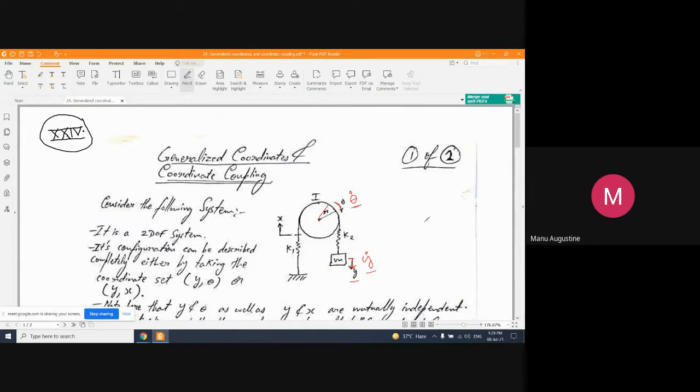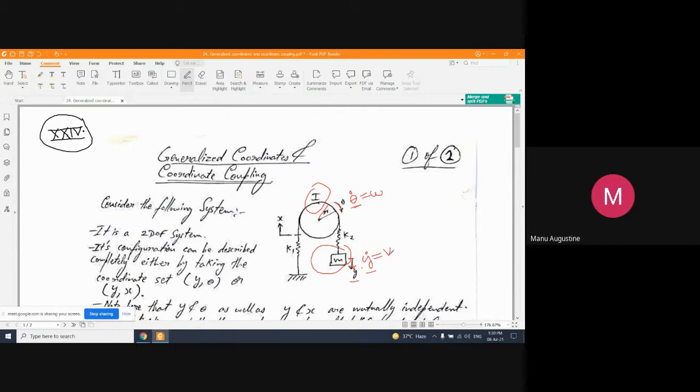And if there are only two mass elements, the first mass element and the second mass element, then what are the kinetic energies? This is basically omega, and this y dot is basically linear velocity v. So what is the kinetic energy for mass m having instantaneous velocity v?